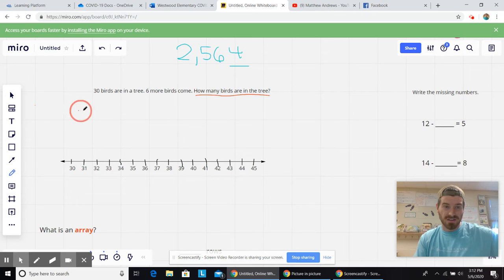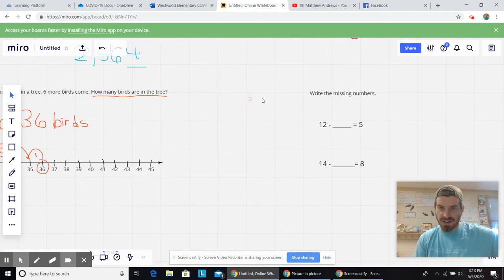This is going to be 30 plus 6, which most of you will be able to do in your head very easily. You can jump 1, 2, 3, 4, 5, 6, or you could have jumped 5 and then one more to make 6. But either way, you're going to get a sum of 36. 36 birds. Don't forget that label.